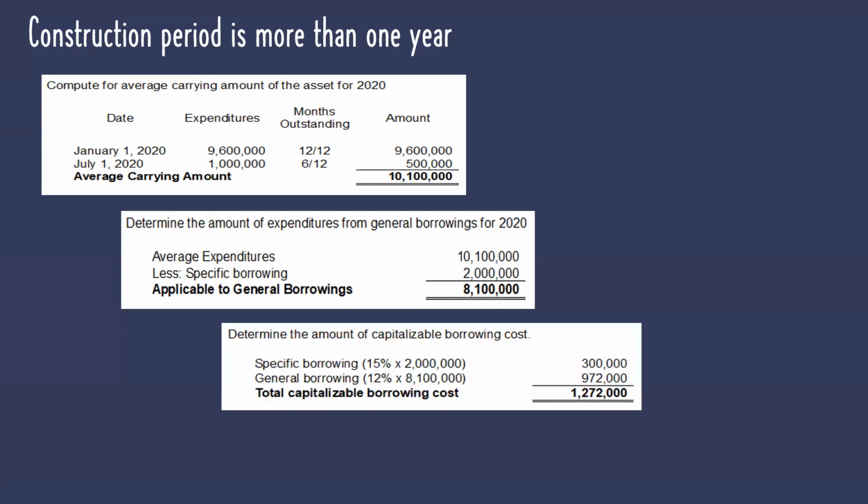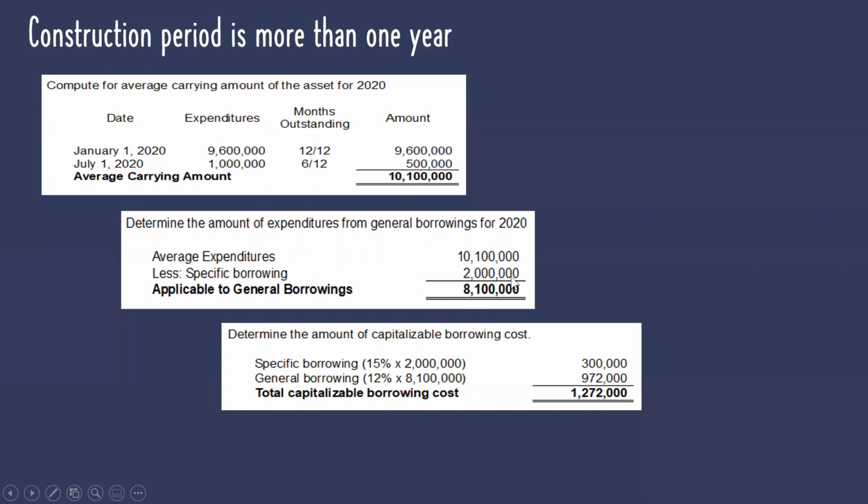So this is how we determine our capitalizable borrowing cost. So the specific borrowing cost, again, is 15% times 2 million. So that's 300,000. For the general borrowing, yung ating 12%, i-multiply lang natin to the amount na we have determined as applicable from the general borrowings.